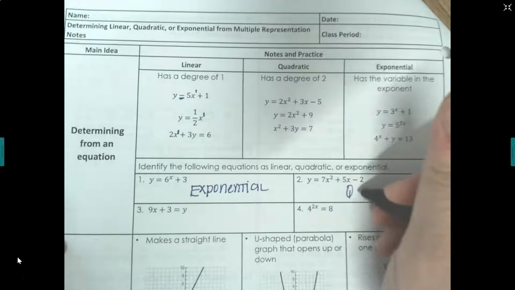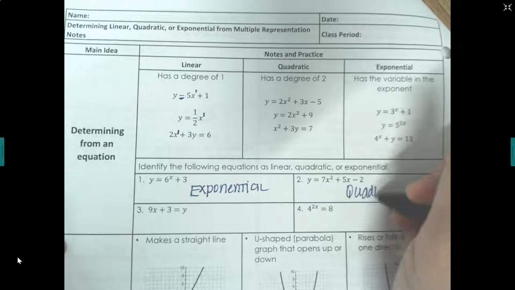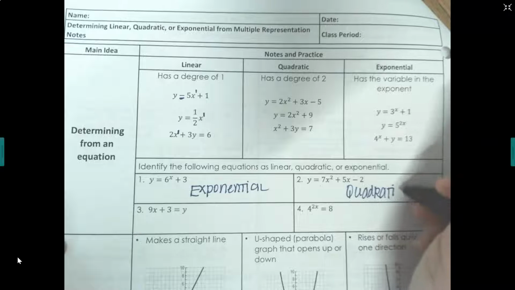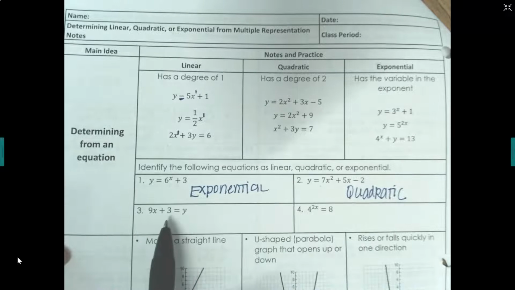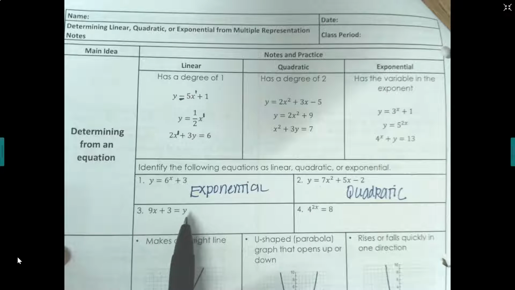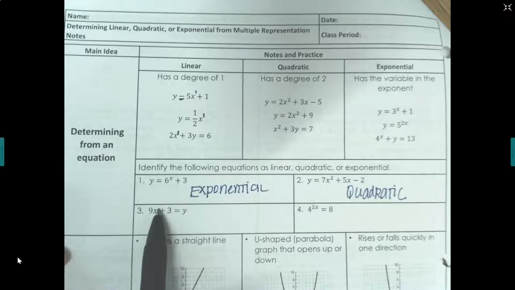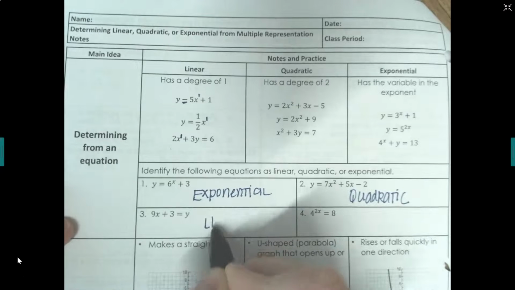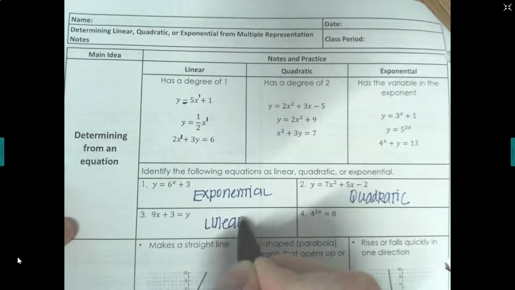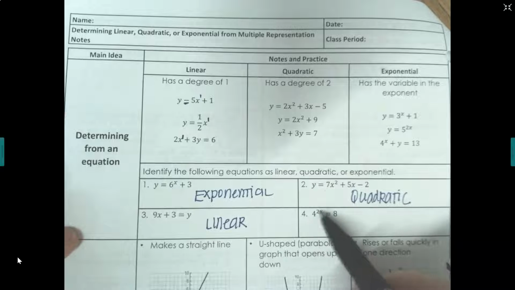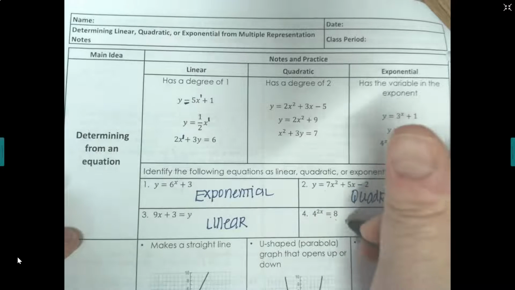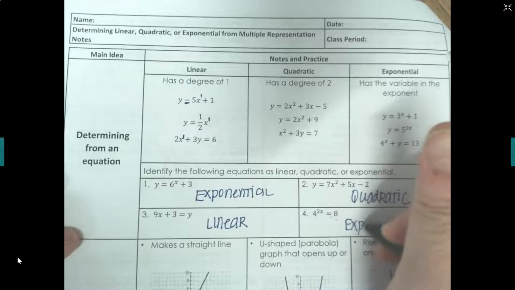That's going to make it quadratic. Number 3, 9x plus 3 equals y. The highest exponent is a 1 on that x, so that makes that linear. And 4 raised to the 2x equals 8. The x is in the exponent, making it exponential.